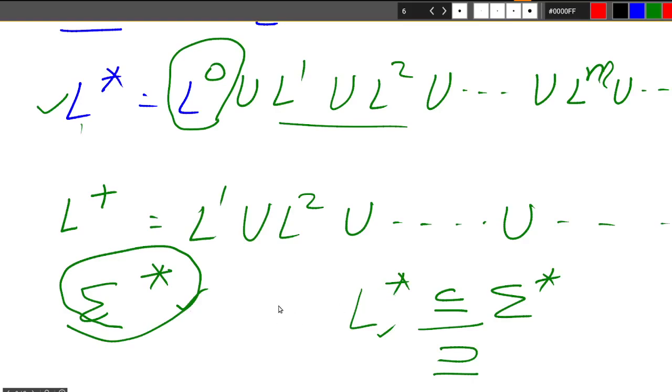Now the question is, this L star is a subset of sigma star or a superset of sigma star?